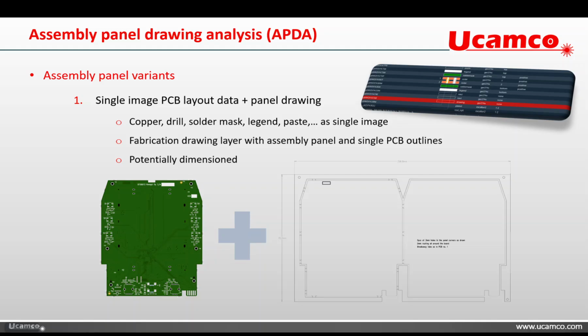Inside this list of Gerber files, there is one layer, a fab drawing or a drill drawing or an assembly panel drawing, whatever you want to call it, that is going to visualize the actual need and the expected layout of the assembly panel. So in this case, the customer tries to convey that he wants a two-up assembly panel in a panel which is X and Y big, because as you can see, there are dimensions on the panel outline. So case one: single image data, and then somewhere in the stack there is this fab layer.